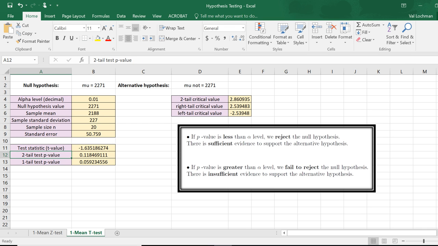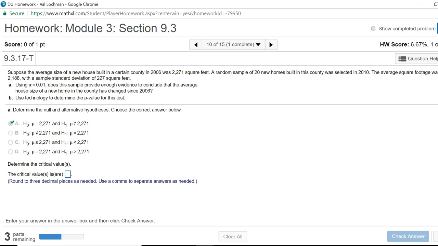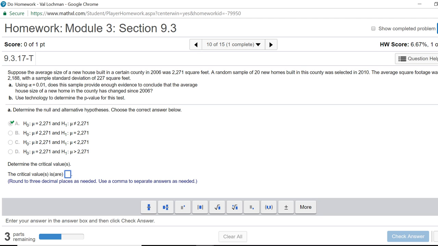Let's see what the next part is asking. Determine the critical values. The critical values are rounded to 3 decimal places. Since this is a two-tailed test, there are going to be two of them.